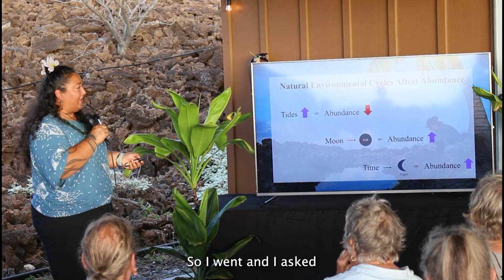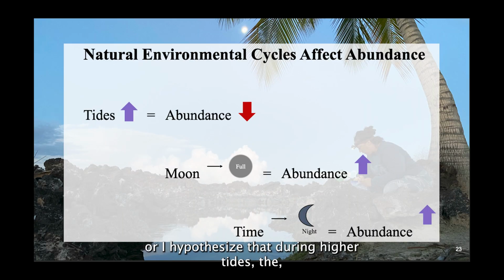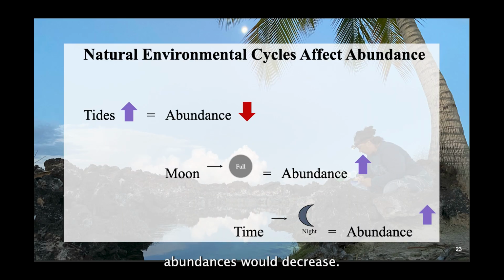So I hypothesized that during higher tides, the abundances would decrease. That's because it might be saltier, or it might just be funky. So I thought higher tides, weird. And as the moon shifts into fuller phases, I hypothesized abundance might go up.